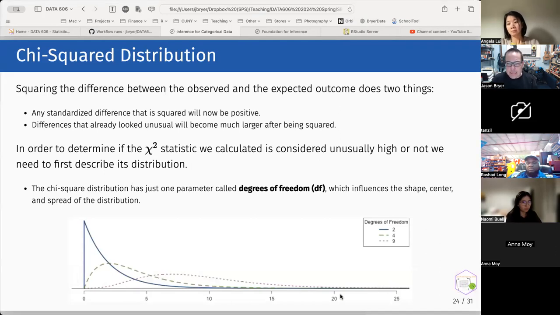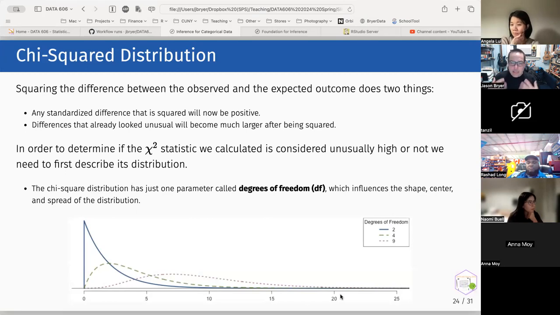This is count data. Unlike normal distributions, which are symmetrical and go from negative infinity to positive infinity, theoretically, chi-squared is bounded at 0. We only have positive values because we can't have negative counts. Counts are always positive by definition, so the distribution has to be bounded at 0.